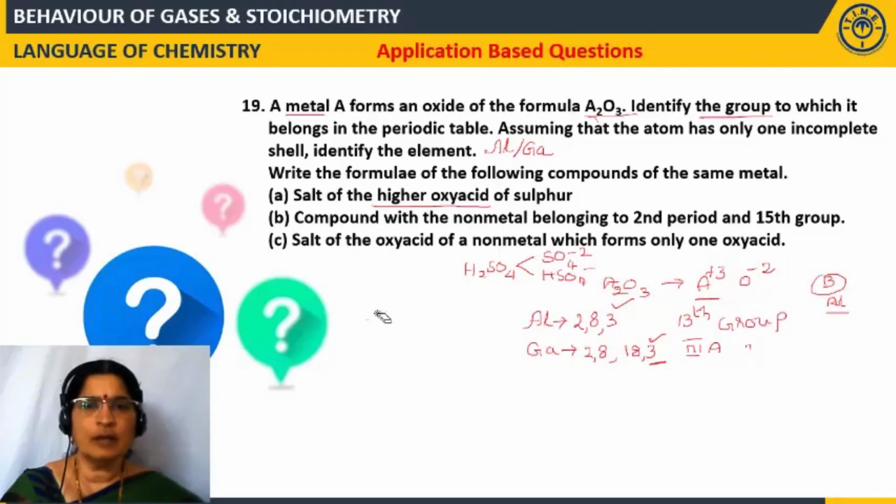Both the salts can form with A plus 3. With SO4 minus 2 you get A2(SO4)3.